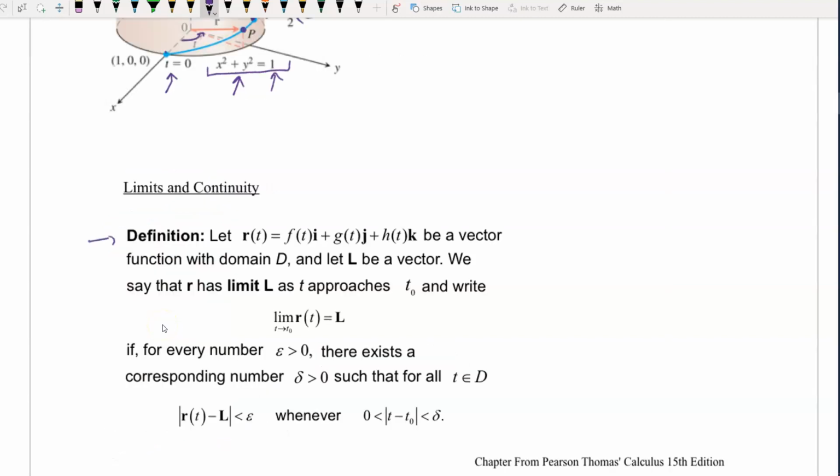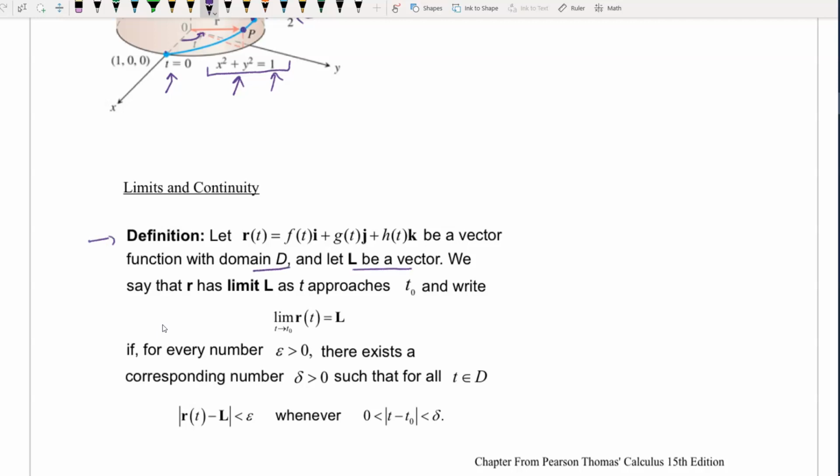Now here is the definition. Let the vector function r of t equal f of t i plus g of t j plus h of t k. This is a vector function with domain D, and let L be a vector.